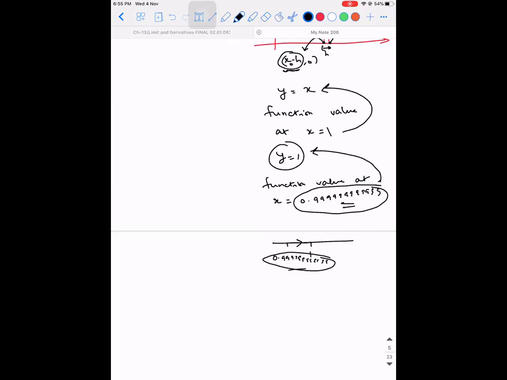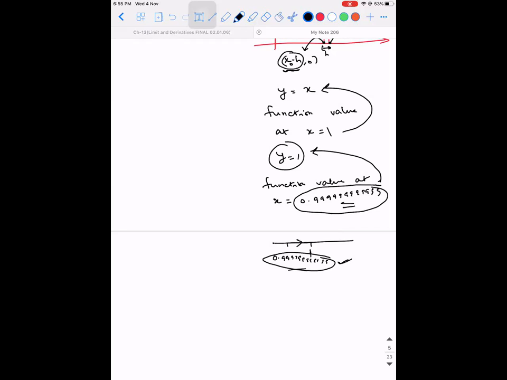So when I am approaching from this point towards 1, where is my function value tending to? Tending to means approximately. Tending to where? 1. It is tending to 1. It is not exactly 1, right? I'm not talking about exact value. I'm talking about approximate value. So approximately it is tending towards 1.